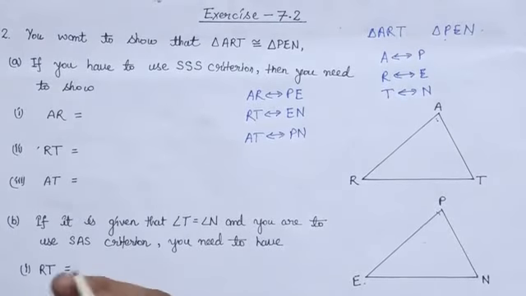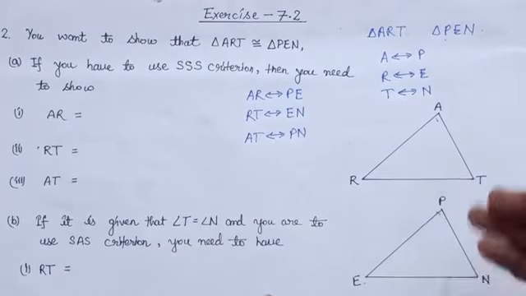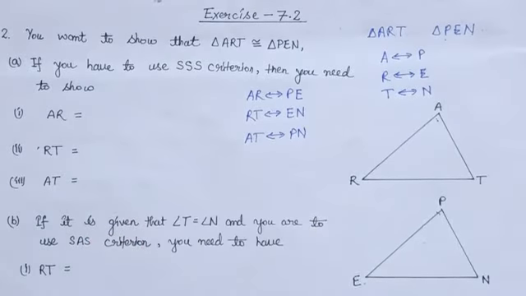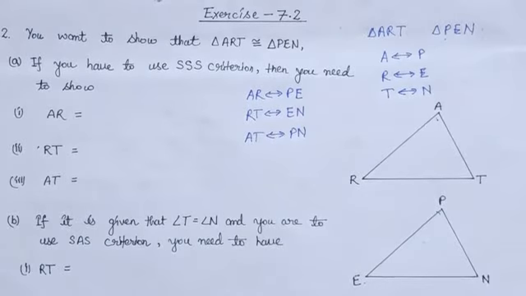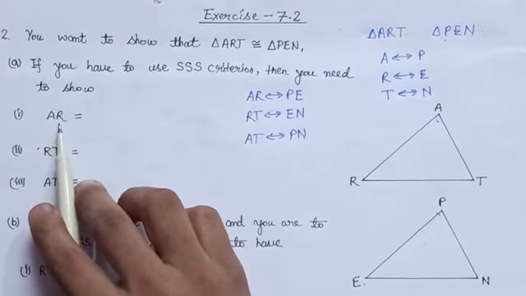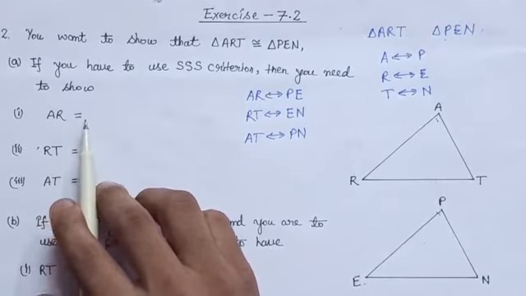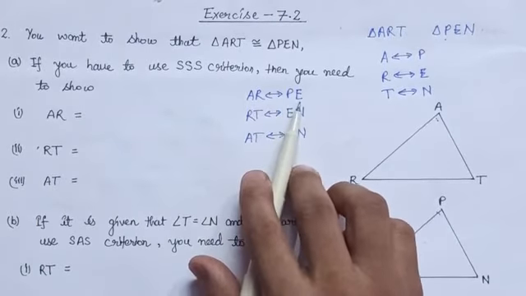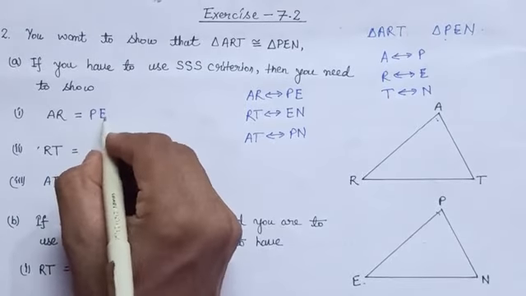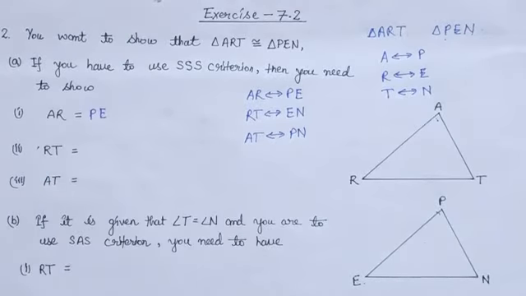Now in the first part we have to show these two triangles are congruent by the side criterion. And you know, according to this criterion, we have to show the corresponding sides are equal. That is, we have to show AR is equal to the corresponding side, which is PE. Hence AR must be equal to PE.